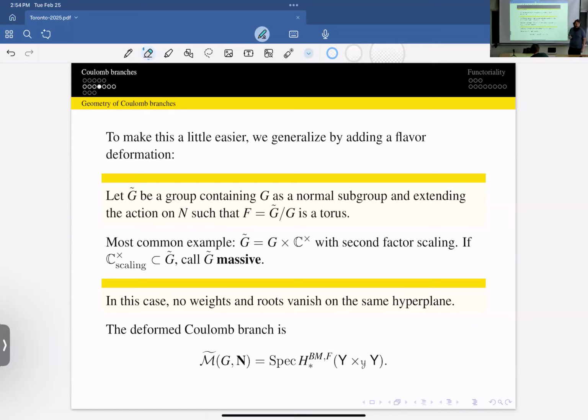So I can never have the same hyperplane that corresponds to both of them. And I can do a deformed Coulomb branch: this space now carries an action of F, so I do everything equivariantly for F, and that throws in a copy of the equivariant cohomology of a point for F, a polynomial ring. And I get a nice little deformation of my Coulomb branch.